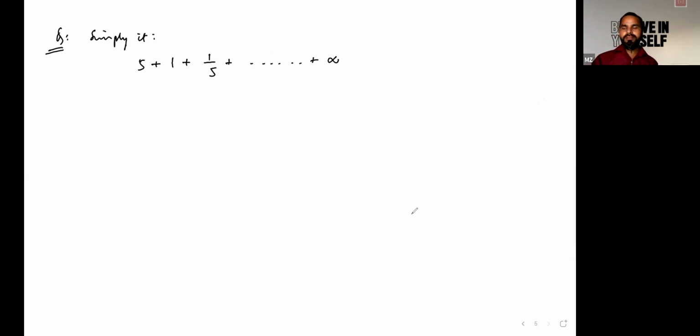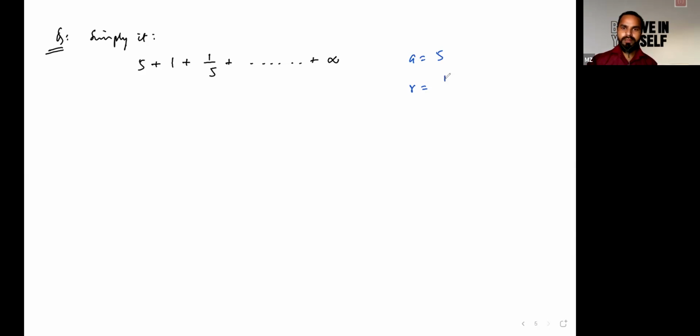So what is your first term? And common ratio? For common ratio, you have to divide the latter term by the former term.